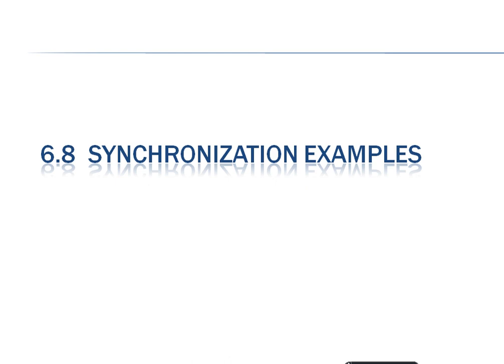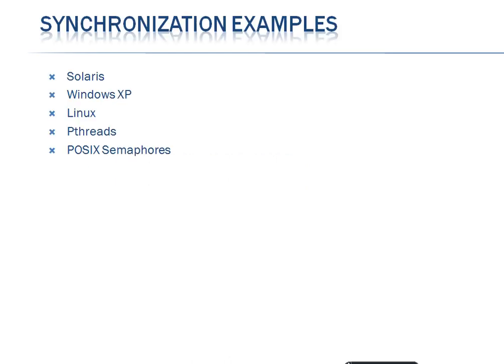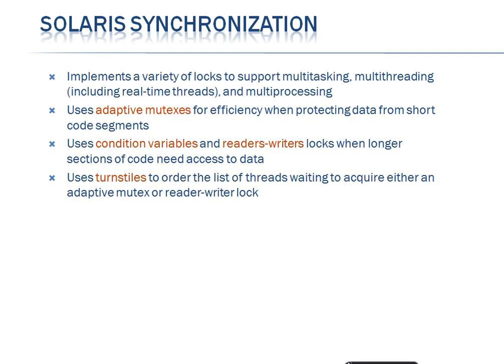Now here we discuss some synchronization examples. We can see how synchronization is implemented in the Solaris operating system, Windows XP, and Linux. In Solaris, synchronization implements a variety of locks to support multitasking, multithreading, and multiprocessing.